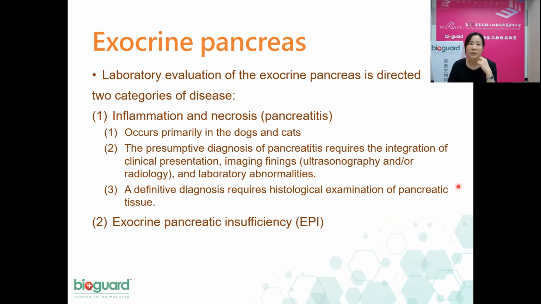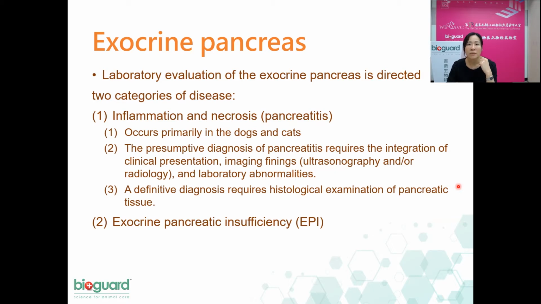One is pancreatitis, which is the inflammation and necrosis of the exocrine pancreas. Another disease we need to care about is exocrine pancreatic insufficiency. There are many causes of exocrine pancreatic insufficiency, and pancreatitis is one of the reasons.